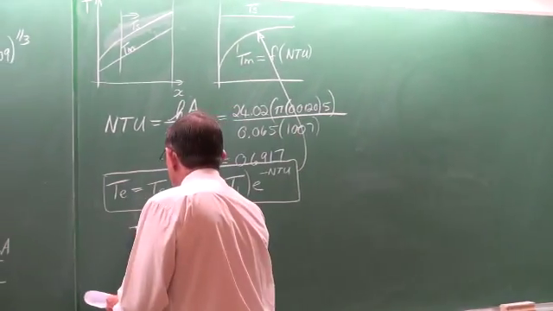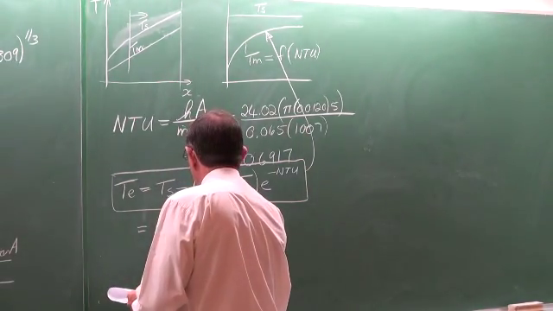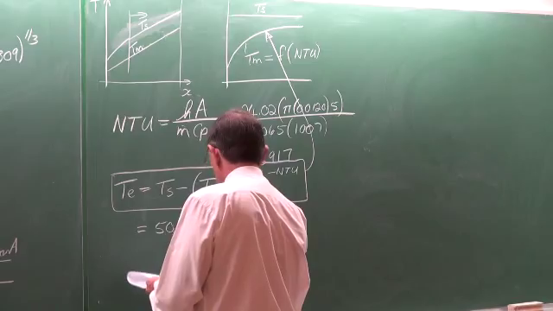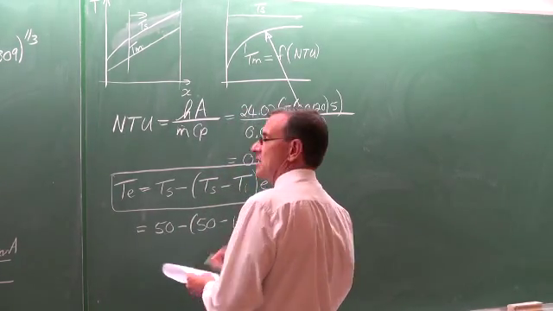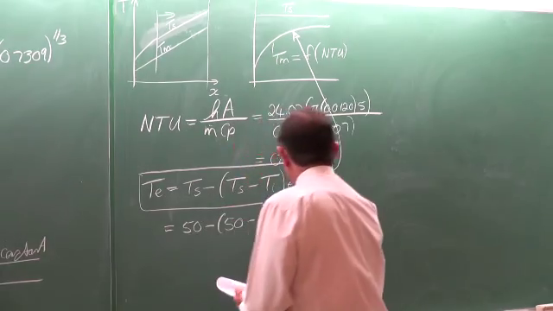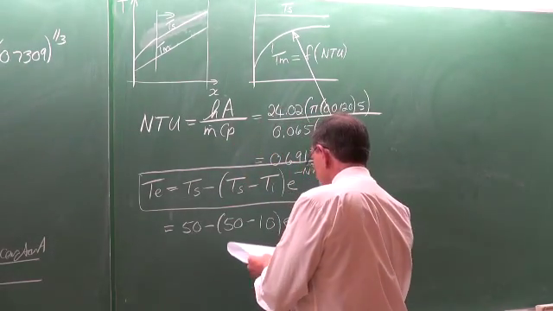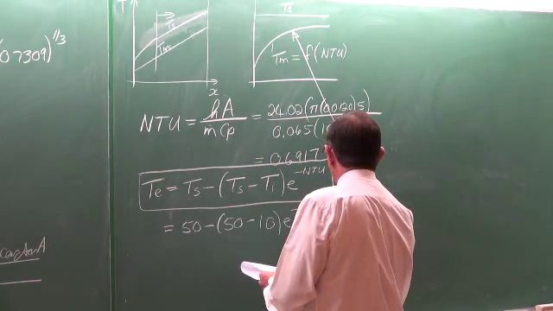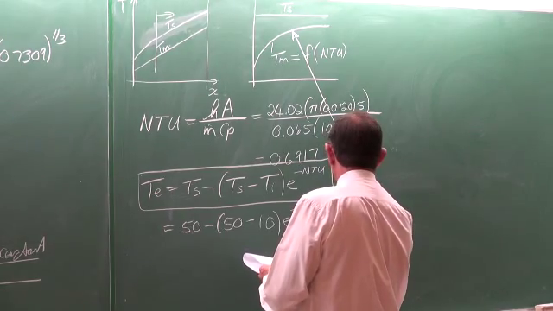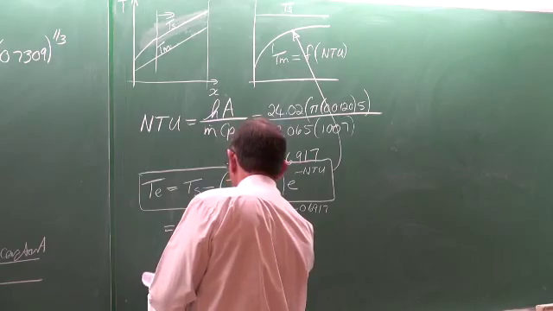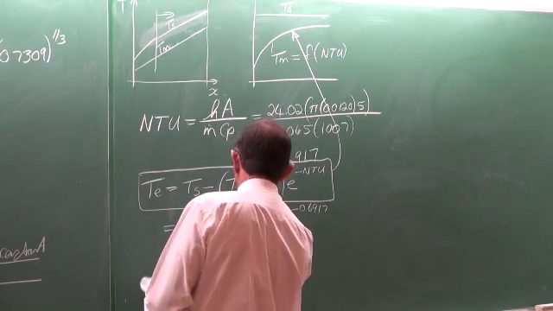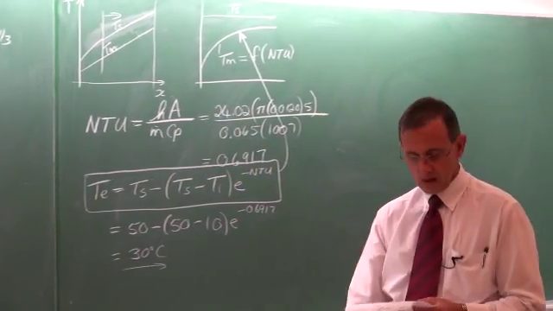Okay. The surface temperature is equal to 50, the inlet temperature is equal to 10 degrees, e to the minus NTUs, 0.6917, and that gives us an outlet temperature of 30 degrees Celsius. Okay.